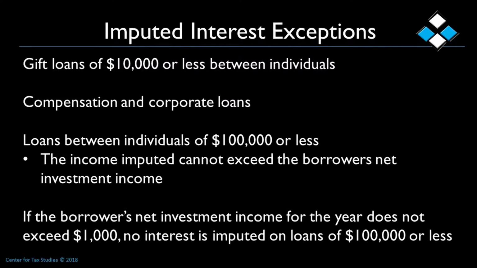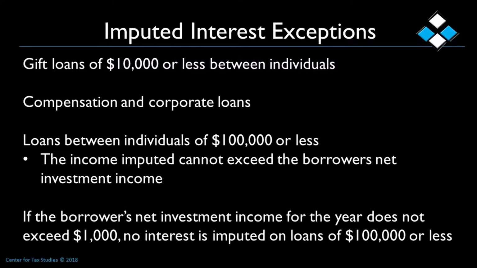There are some exceptions to the imputed interest rules. These are gift loans of $100,000 or less between individuals, but not if used for producing income. It also applies to compensation and corporate loans if there is no tax avoidance motive. So these amounts are considered an immaterial amount. Also, loans between individuals of $100,000 or less.